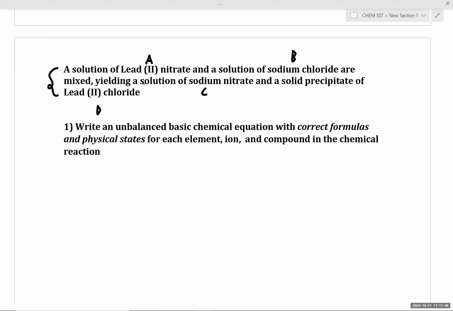And if you have any questions, don't be shy to let me know in the chat or verbally. And you can share your proposed formulas in the chat or using the annotate tool.